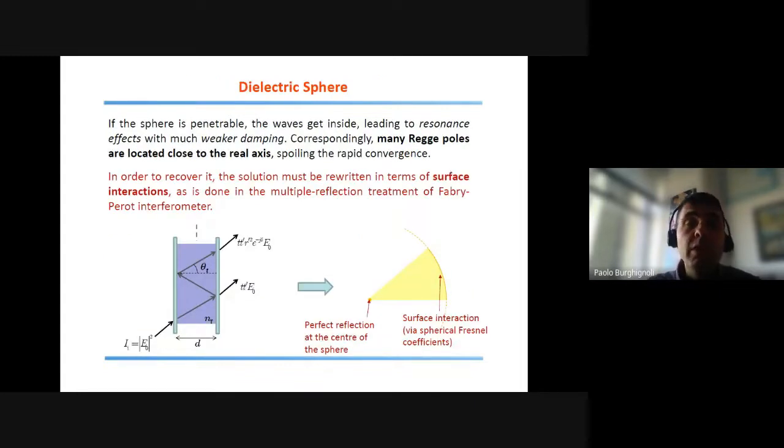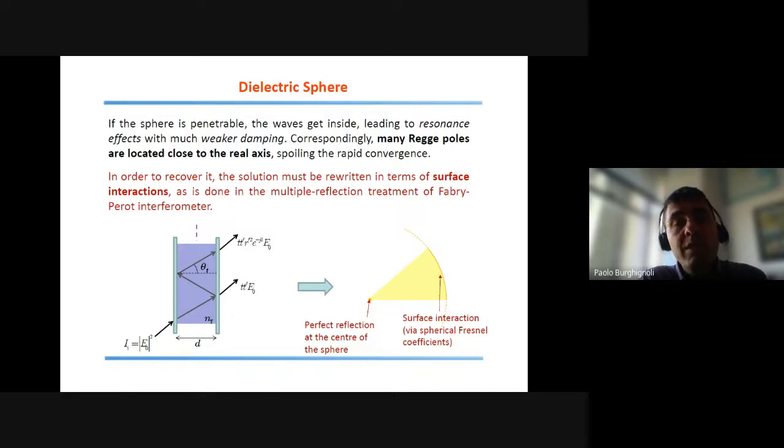And it can also be used to consider high-frequency scattering from a dielectric sphere, which is a much more complicated problem, because now, if the sphere is penetrable, the waves are able to get inside the sphere, and this leads to some resonance effects, which have a much weaker damping with respect to the resonance effects that would occur in a perfectly conducting sphere. In analytical terms, this is equivalent to saying that there are many complex Regge poles that are located close to the real axis.